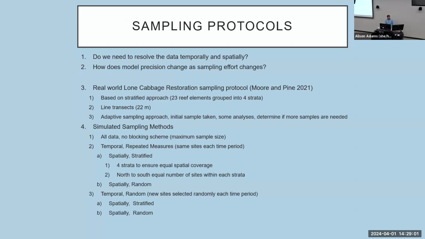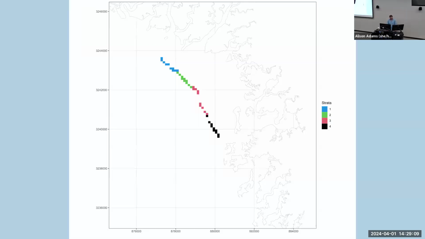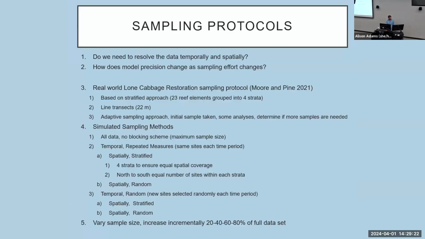For the strata here, I created 4 strata to ensure equal spatial coverage, and these went north to south with an equal number of sites in each strata. That's what that looks like here. So we end up with strata 1, 2, 3, 4. And so basically, depending on the level of sampling effort, an equal number of sites were chosen within each strata if the sampling protocol was stratified.